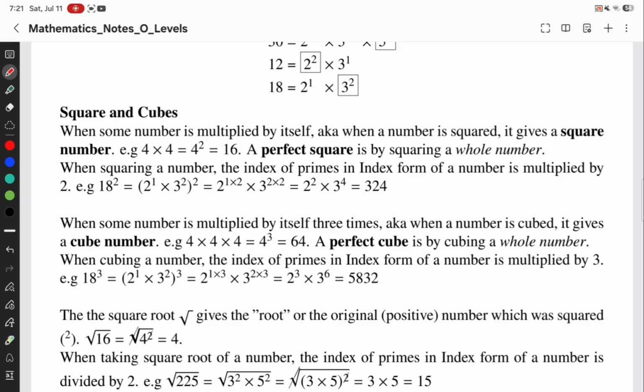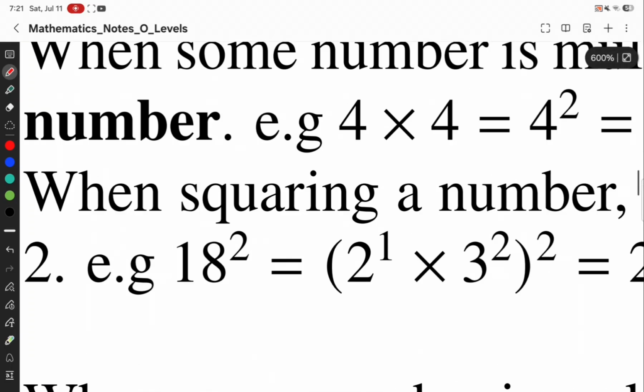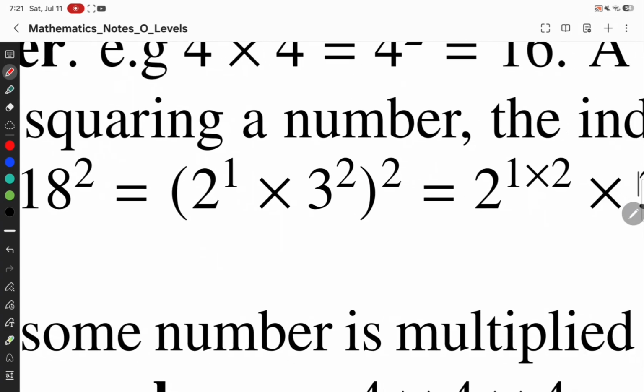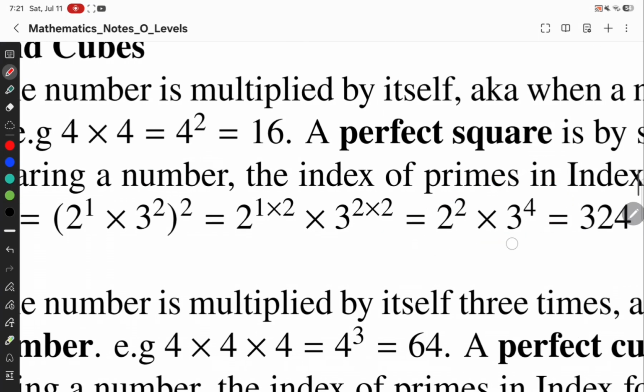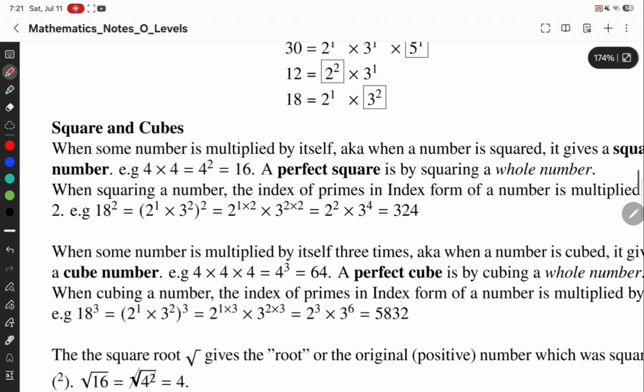Okay. When squaring a number, the index of primes in the index form of a number is multiplied by 2. Example, in 18 squared, we know the prime factorization: 2 times 3 to the 2. If we multiply the power, we can distribute this like so, and we can see the prime factors of 18 squared are the following.